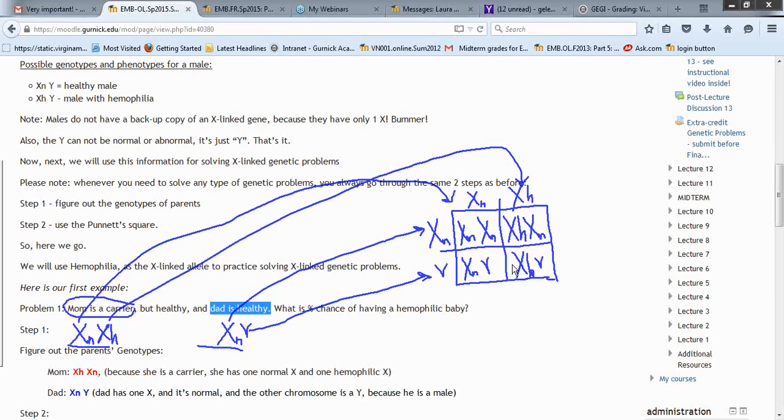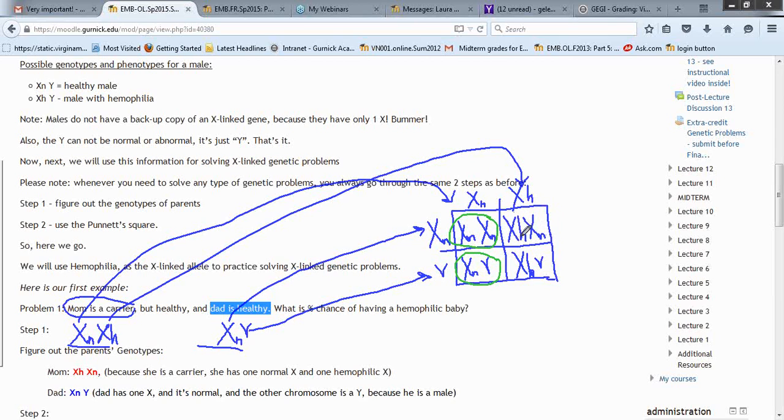Okay. Now, if we take a look at what we have here and interpret that, we have an XN XN. First of all, it's a girl because she has two X's and both her X's are okay. Now we have XNY. That's a boy and he's also healthy. Now, this one is an interesting case because it has XH and XN.